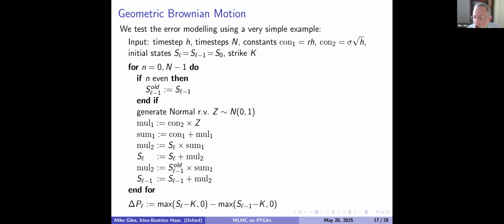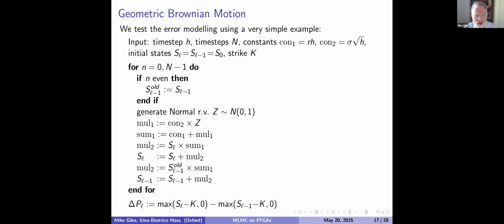We then tested this on simple geometric Brownian motion. So here, this shows what the multi-level simulation looks like on level L, where we're iterating through the time steps with the old path value on the coarse level being updated every second time step of the fine iteration. So we're generating our approximate normal random variables.